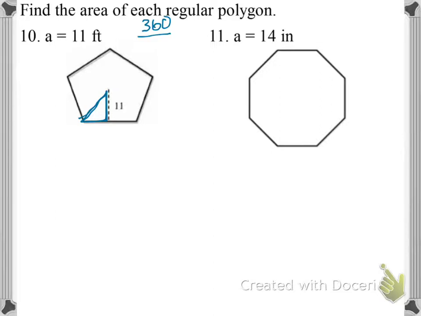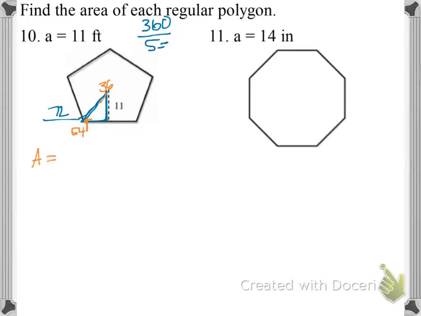So I'm going to do 360 divided by 5, and that is 72. So the outside angle is 72, which means the interior is 108. So this little angle in here, in this triangle, this one right here, is going to be 54, which means this angle is 36.